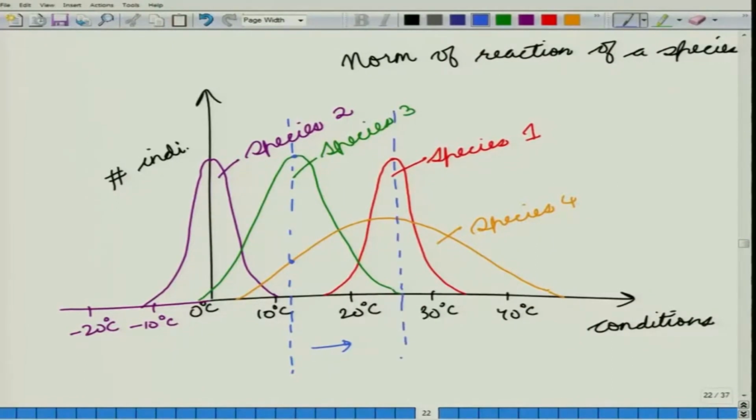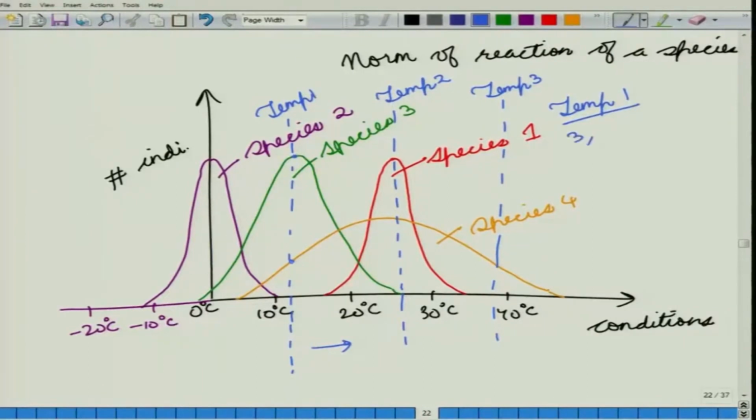So, at this temperature, let us consider this as temperature 1, let us consider this as temperature 2 and maybe let us consider this as temperature 3. So, at temperature 1, what all species do we see? At temperature 1 we are seeing species 3 and we are seeing species 4.